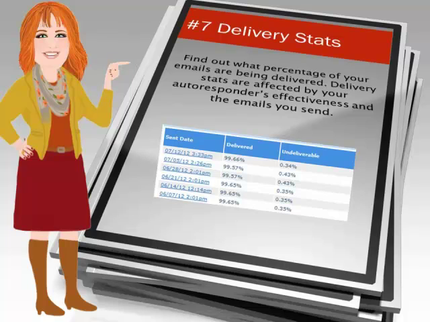Aweber, the one I've mentioned before, actually has the best deliverability rate in the world. Shopping carts, on the other hand, like One Shopping Cart or Infusionsoft, have some of the worst deliverability rates. So keep that in mind as you are using whatever email service you're using.